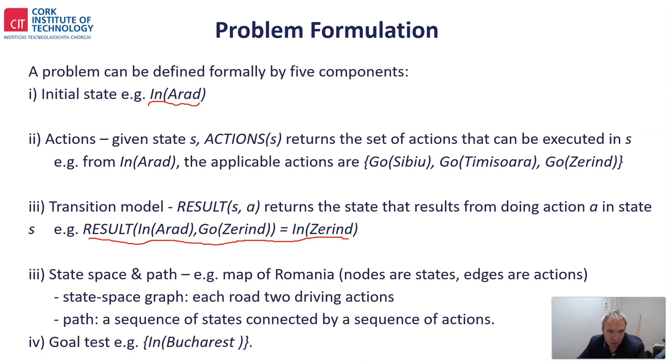The state space graph has each road with 2 driving actions. Again, this is denoted because there are 2 potential actions for any 2 cities, because you can drive to or from. And the path is a sequence of states connected by a sequence of actions. And again, these will be pairs of current state and the action taken.